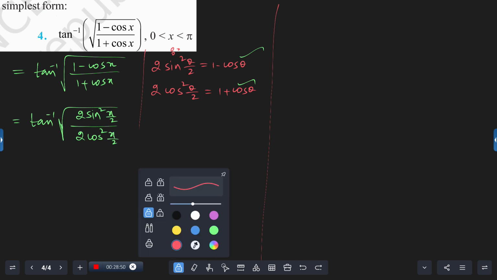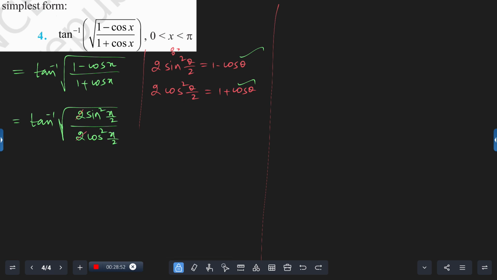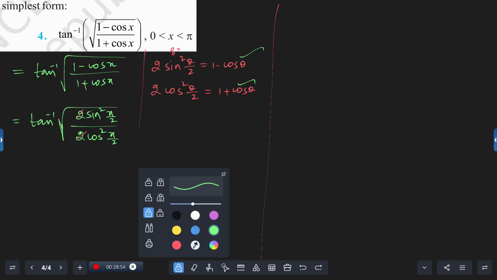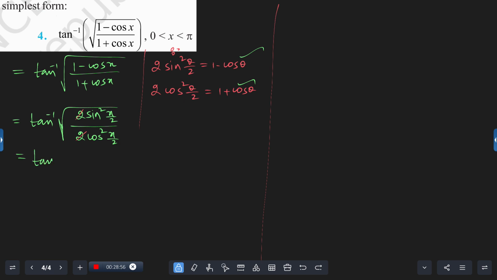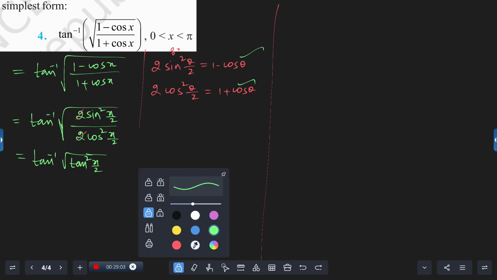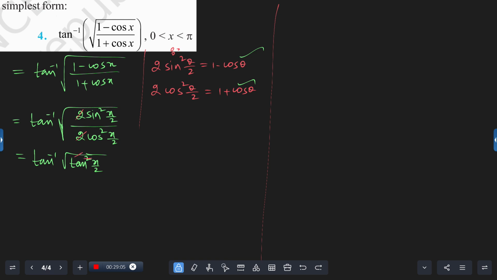Have you noticed what is the same here? 2 is the same. And sin by cos is tan. So square root of tan square x by 2. The square and root we can cancel. After that, what will you get? Tan inverse of tan x by 2. Now after simplifying tan inverse tan, you will get x by 2. Very easily we have simplified this.